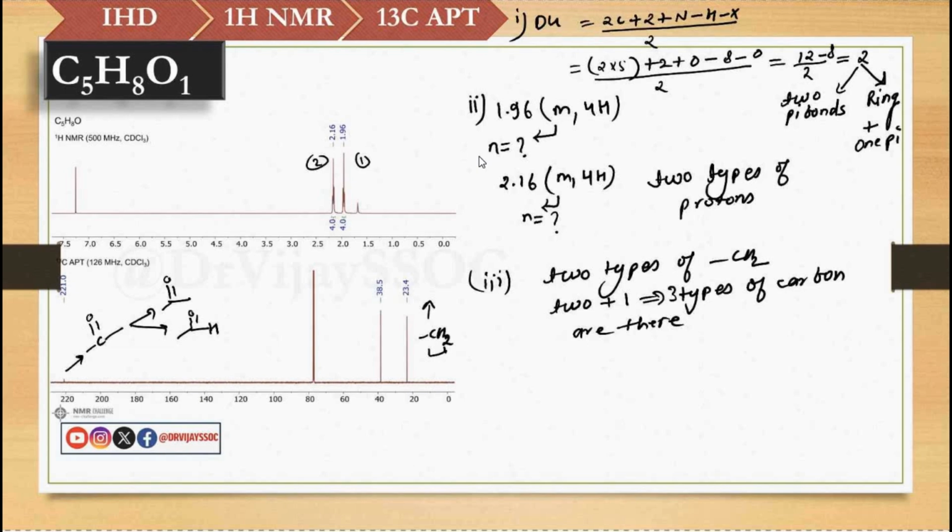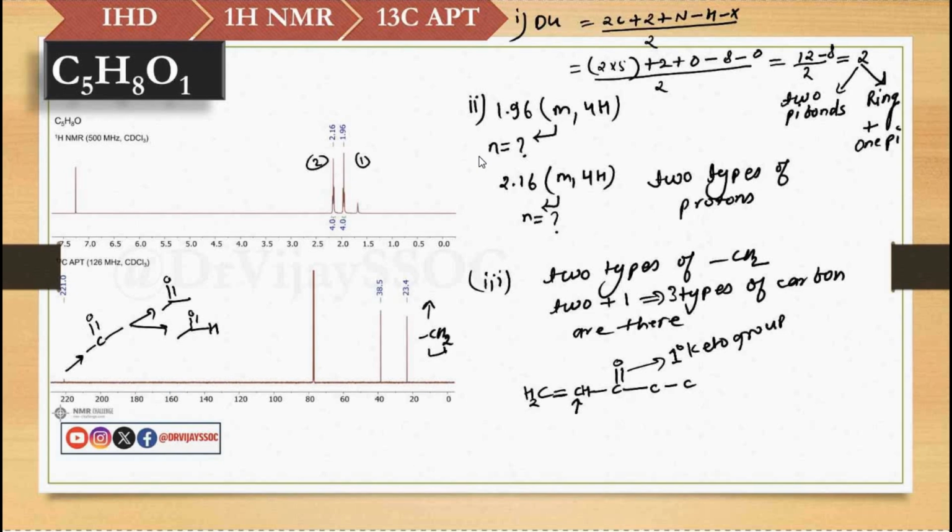So let's try to make a symmetrical molecule having CH2. This one unsaturation is attributed to the keto group, and let's put a carbon on each side to make a symmetrical structure. Now we are missing one more unsaturation, so we need to put a double bond here. When we put one double bond, this will be CH and this will be CH2, but from the 13C DEPT NMR we don't see any signal for CH. Also, the molecule is not symmetrical.